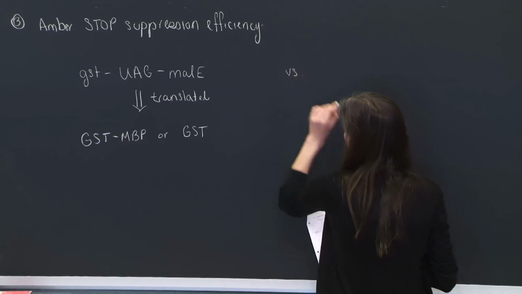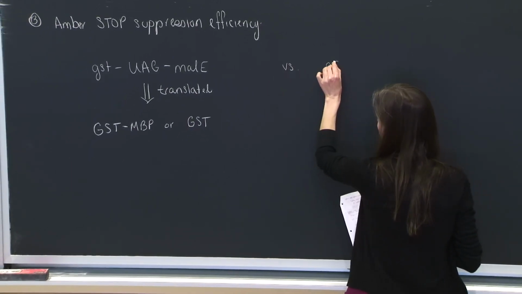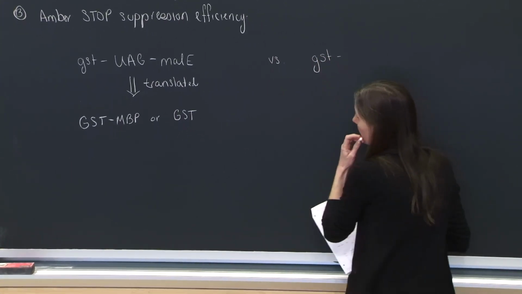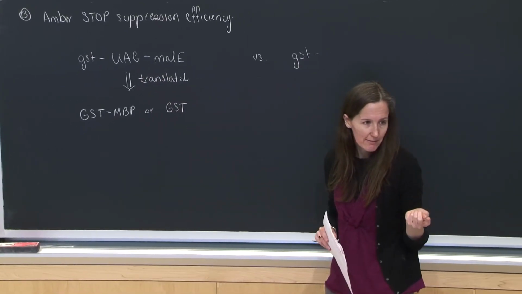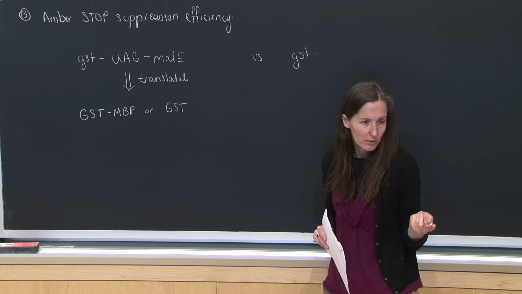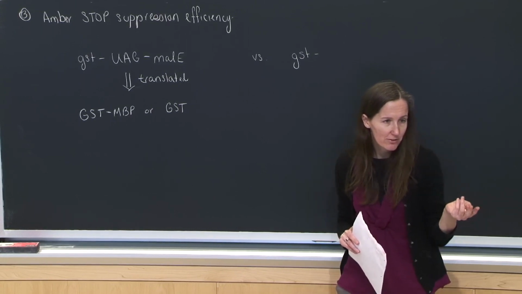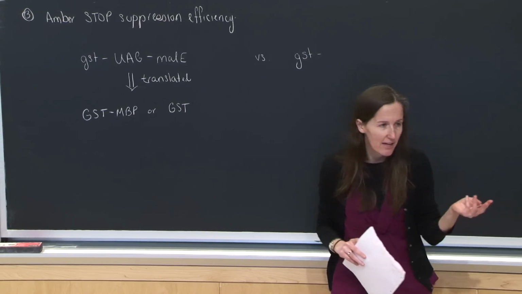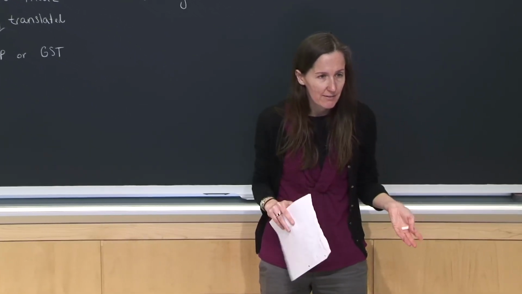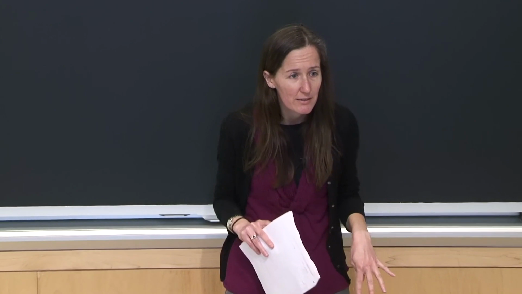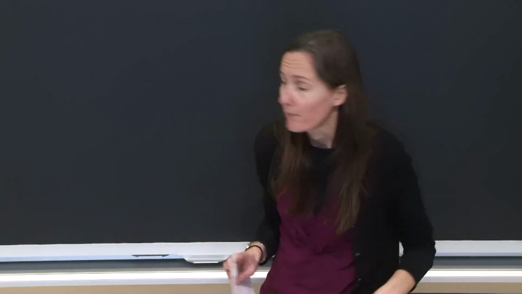And they also made an additional construct. So in addition to asking what happens if there is a codon for one natural amino acid, what happens if there's two? So recall with the Schultz method, what we saw last time is that when attempts were made to incorporate two unnatural amino acids in one polypeptide, the efficiency went down to below 1% there.